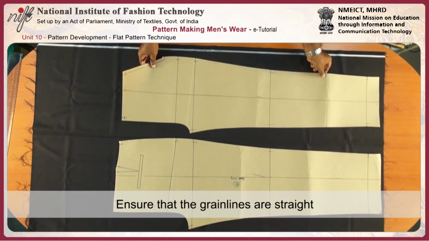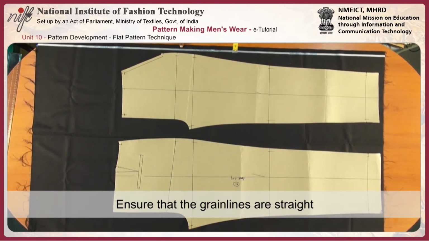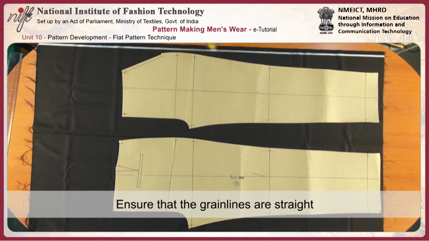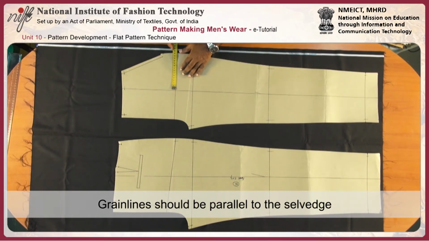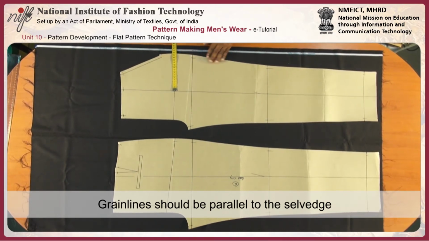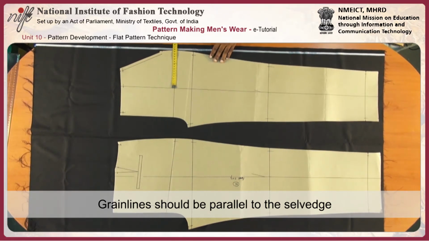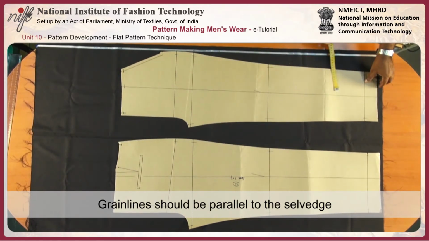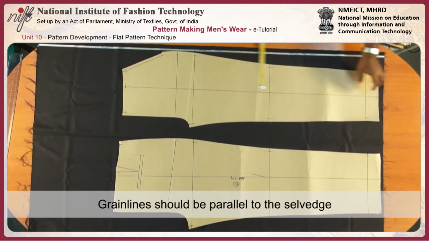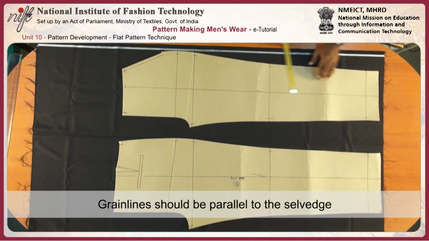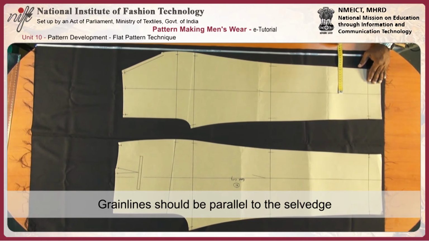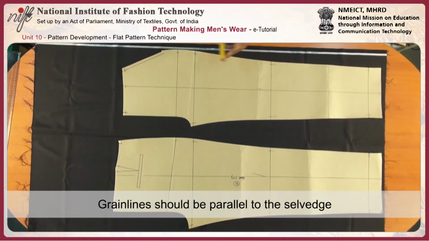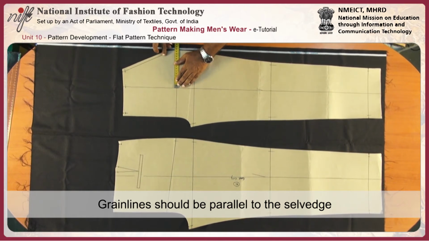So to ensure that, measure the distance from the selvage edge to the grain line. That can be achieved by measuring both the sides evenly so that the grain line is straight, which is parallel to selvage.